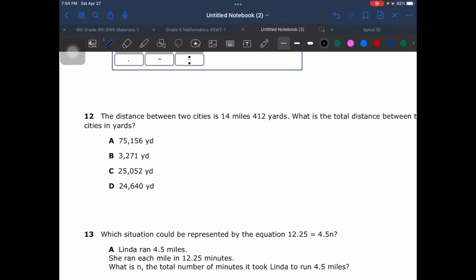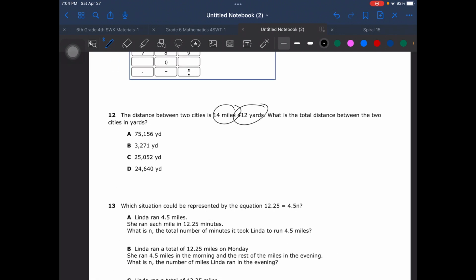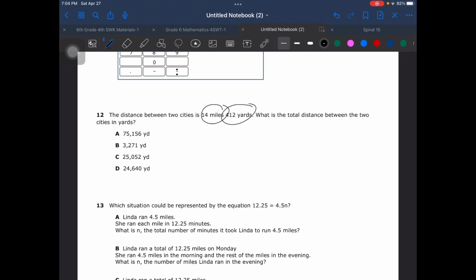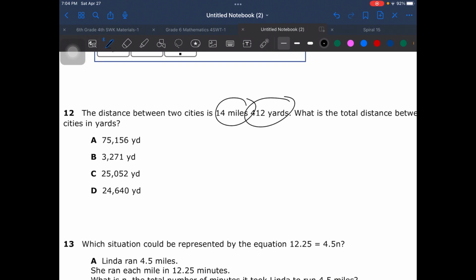Hopefully you can. The distance between two cities, 14 miles, 412 yards. What is the total distance between the two cities in yards? So, what we must consider, chicos, we have to be familiar with how many yards in a mile.